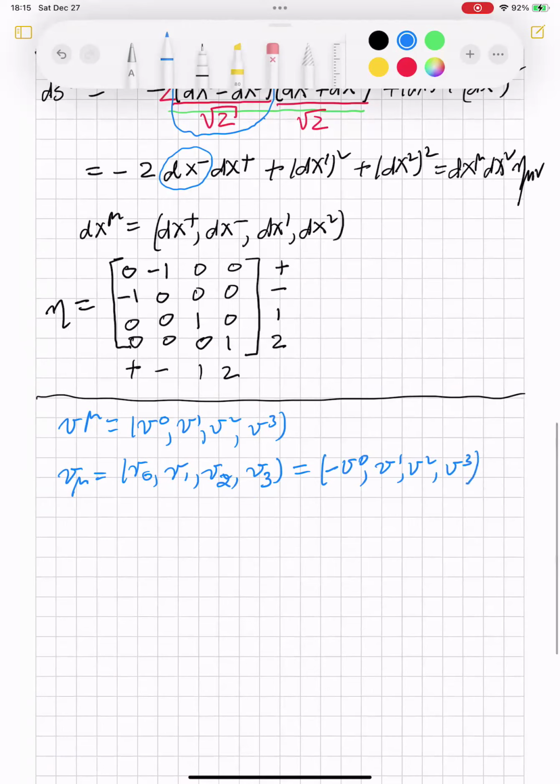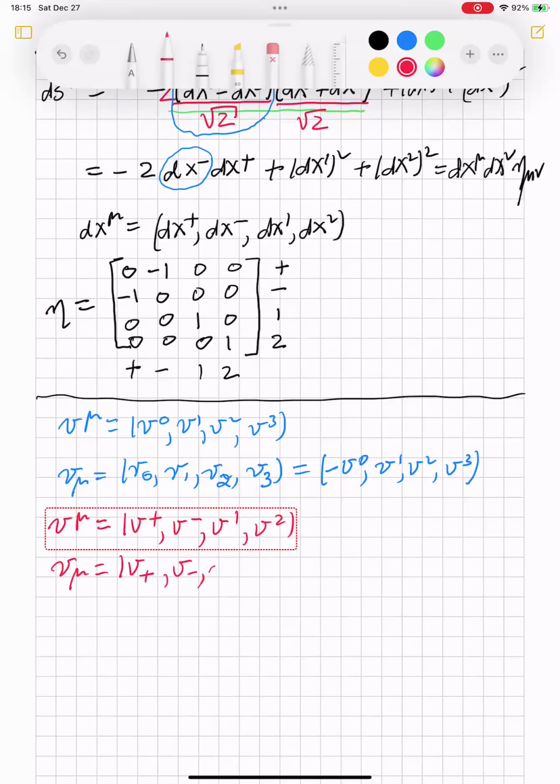So I think that by now you are very, very familiar with that. Let's write down the analog formula, but in light cone frame. So v mu would be v plus, v minus, v1, and v2, and then v mu downstairs. So we just drop the indices, v1, v2. But now what is this equal to? Well, if I now use the metric to raise and lower indices, there's something pretty interesting that happens.